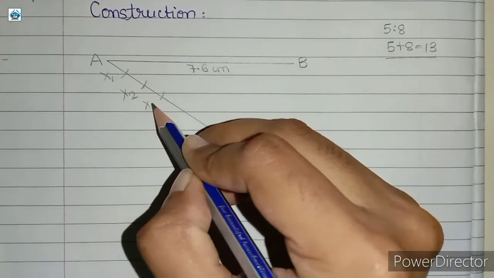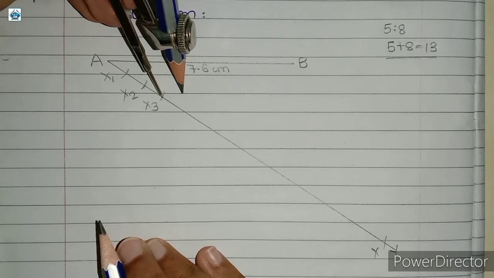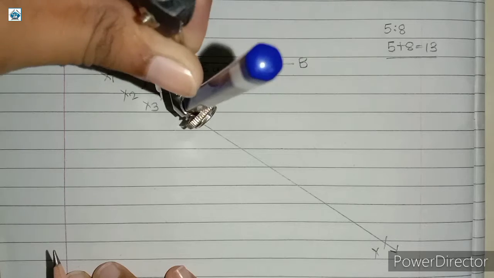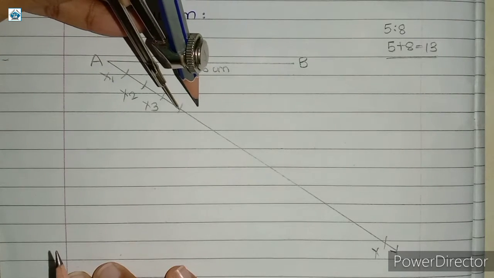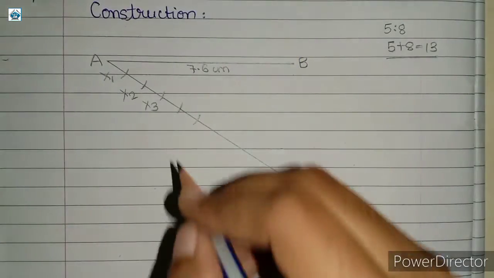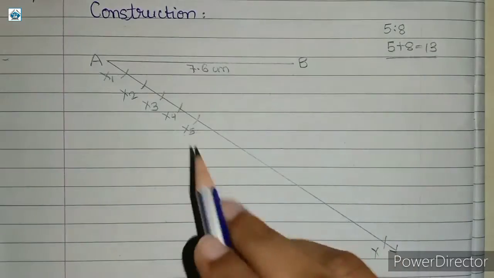and name it x3. Keeping the pointer at this point where AX is intersected by x3, draw another arc. This will be x4. Here, keeping on x4, we'll draw x5. So this is x4 and here we have x5.